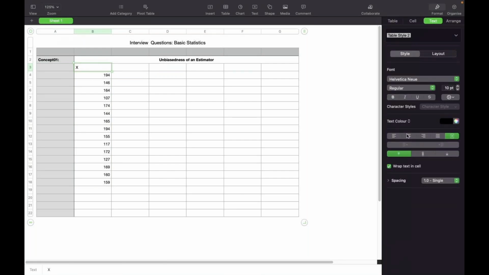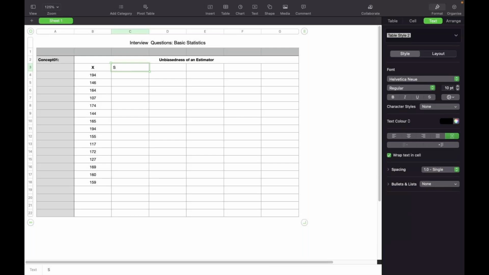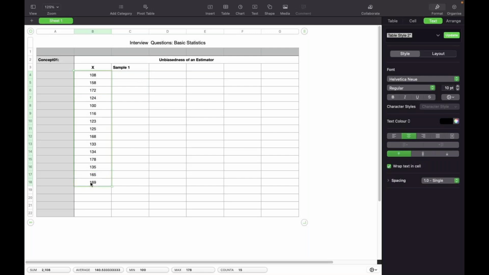This is the variable. Now, what I'm doing is I'm just creating some samples from here. So, sample one. Let me take this sample, because this is a random number generated sample.